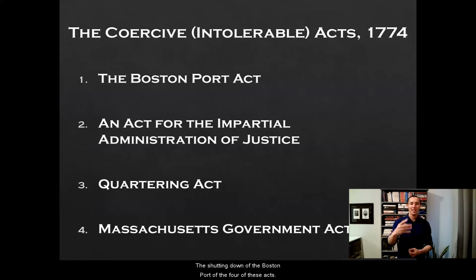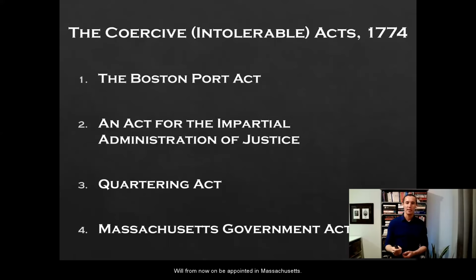Of the four of these acts, the one that led all the colonies to rally behind the people of Boston, the state of Massachusetts, was the Massachusetts Government Act. Because the Massachusetts Government Act took away representative government from the people of Massachusetts. It said all government officials will, from now on, be appointed in Massachusetts.